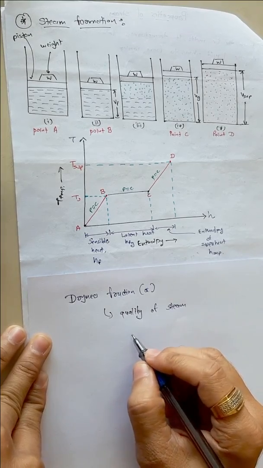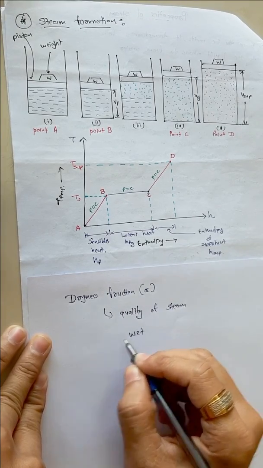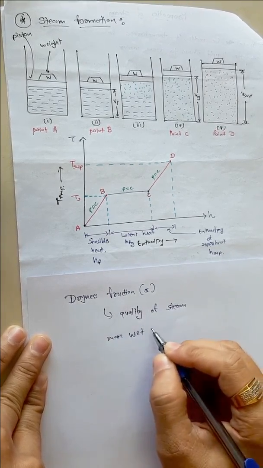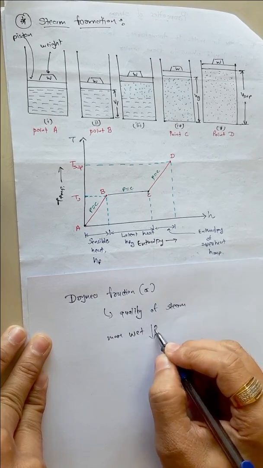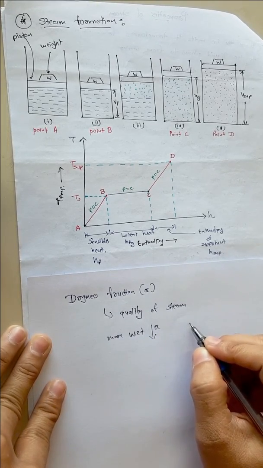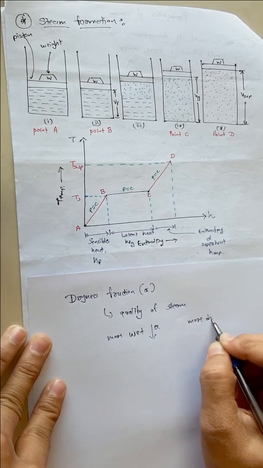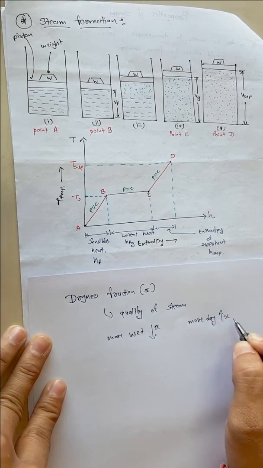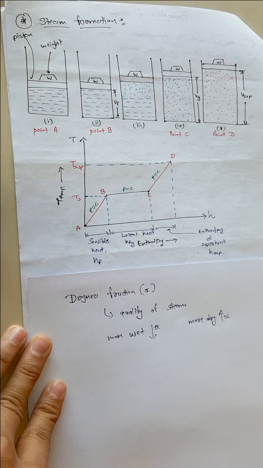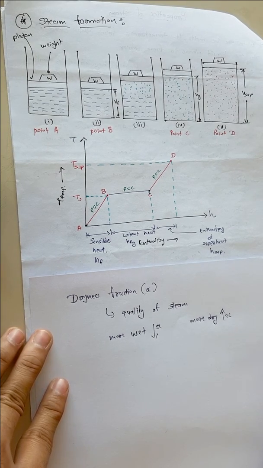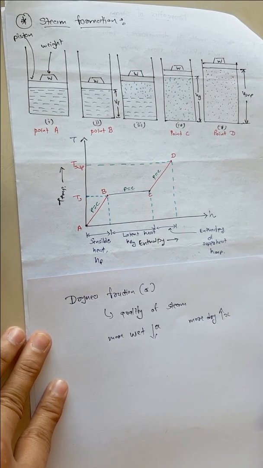So dryness fraction will indicate the quality of steam. If steam is more wet, its quality will be lower. If steam is more dry, then the quality of steam will be higher, because if we use wet steam in power generation, meaning a steam turbine, it will create problems of corrosion in turbine blades.